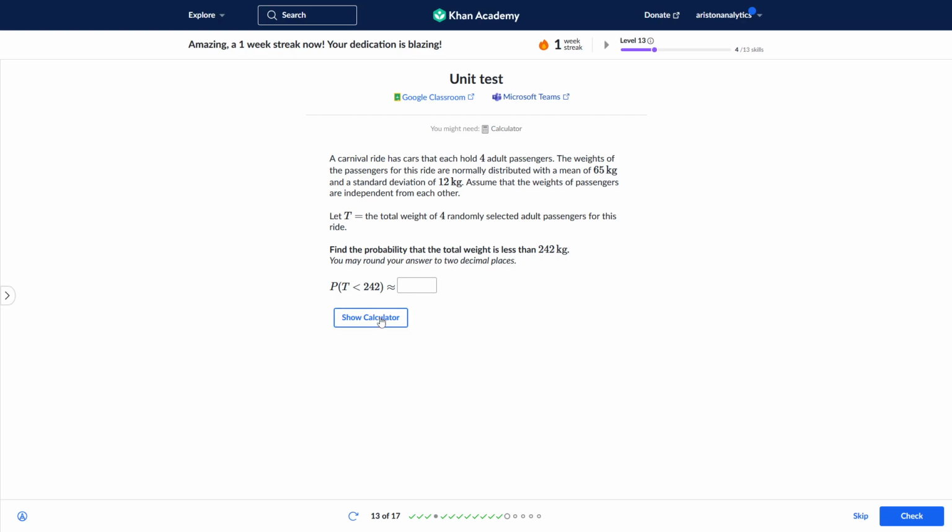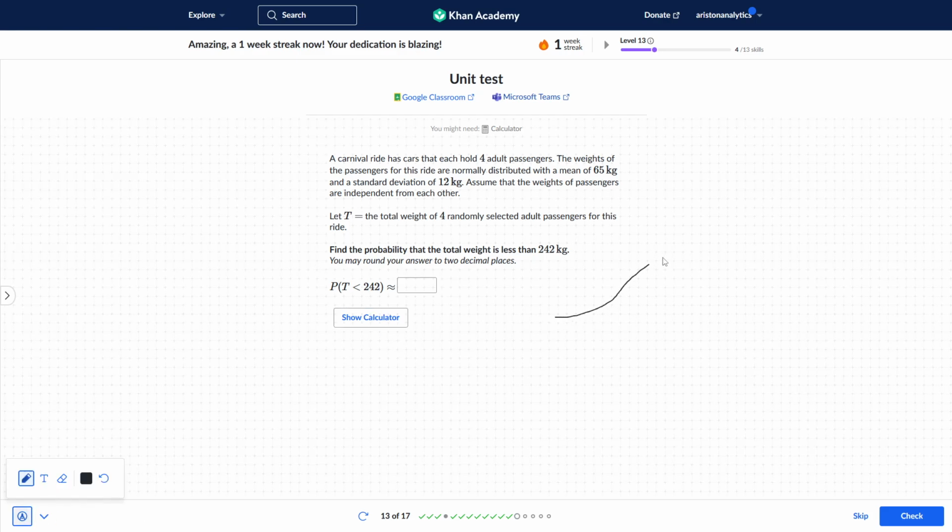4 adult passengers. How would we do this? So we do something like that. 65. Because they're all the same, I think we would just, I want to say, multiply it by 4.